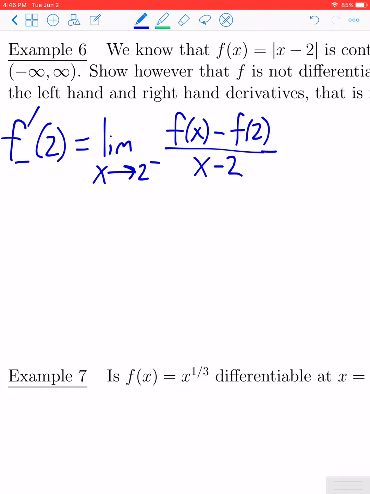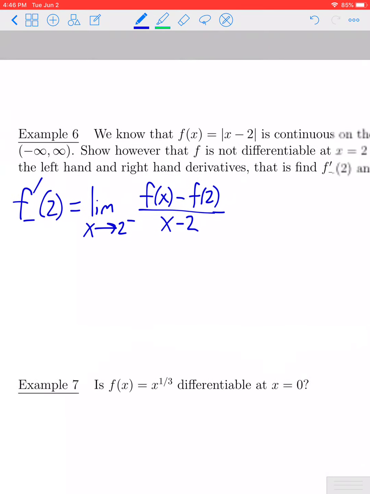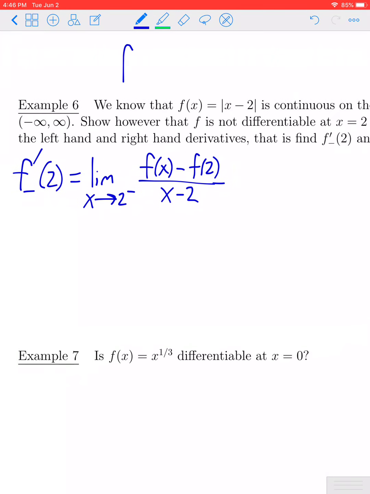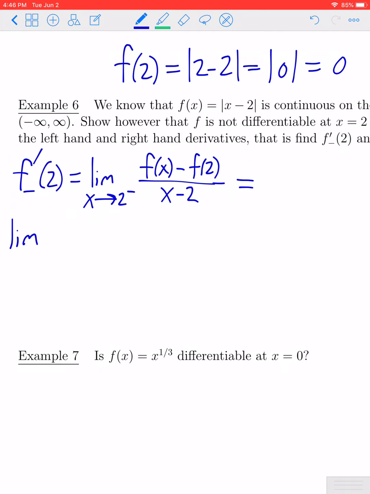And this is that alternative formulation of the derivative we just saw a moment ago. f of 2 as a value is pretty easy to compute. If we plug 2 into this function, we get the absolute value of 2 minus 2, which is the absolute value of 0, which is 0. So this is going to be the limit as x approaches 2 from the left. We have a subtraction by 0 up top.